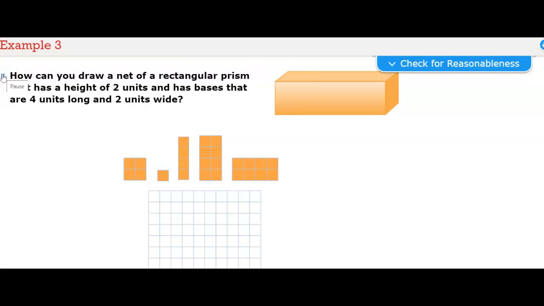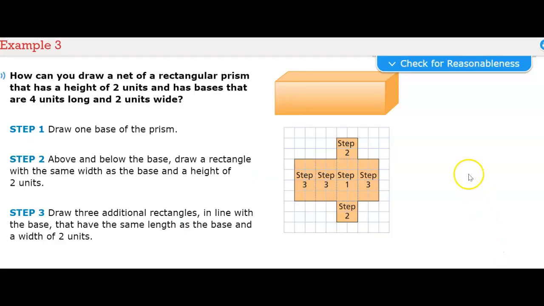How can you draw a net of a rectangular prism that has a height of 2 units and has bases that are 4 units long and 2 units wide? Step 1, draw one base of the prism. So here's step 1, they drew that first base.